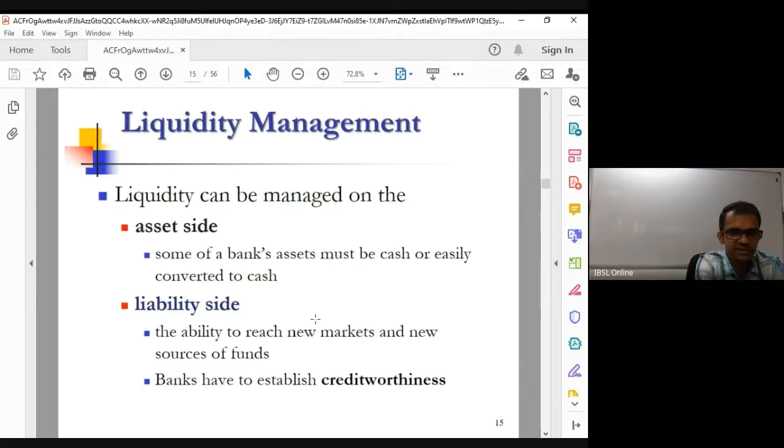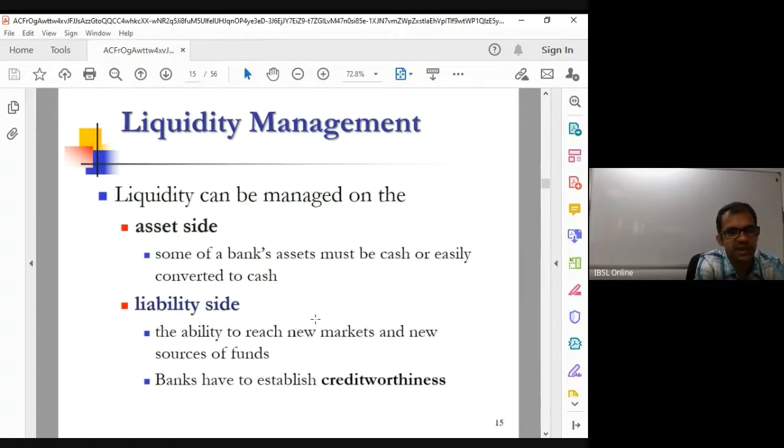As I mentioned earlier, if you have liquid assets, you can convert those assets to cash very easily, very quickly, without having an impact on the market or on the fair value of the asset. So that is liquidity management from the asset side.